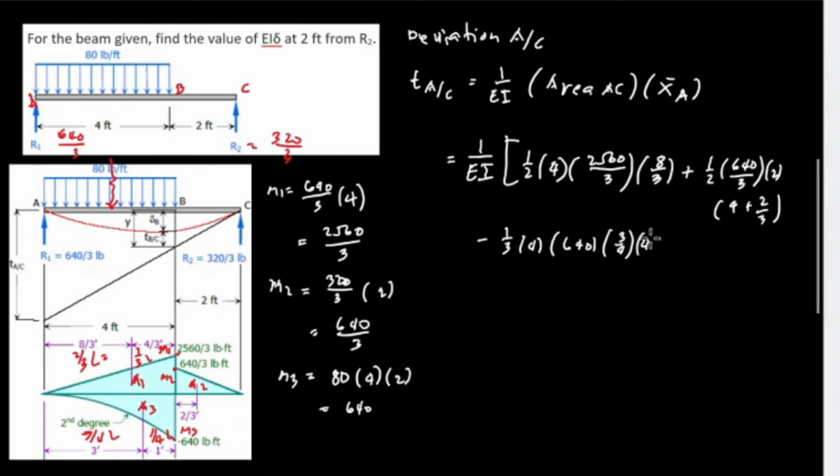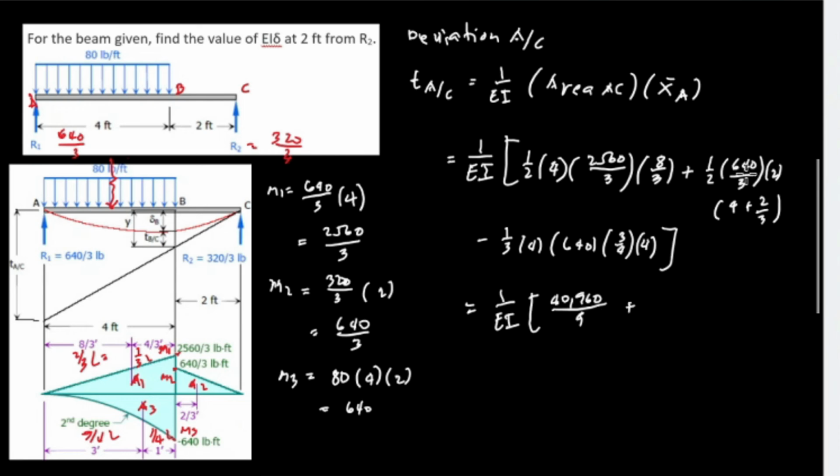and L is 4, close parenthesis, and simplify, so that's 1 over EI, so 1/2 times 4 times 2560 all over 3 times 8 over 3, this is 40,960 divided by 3 times 3, that's 9.